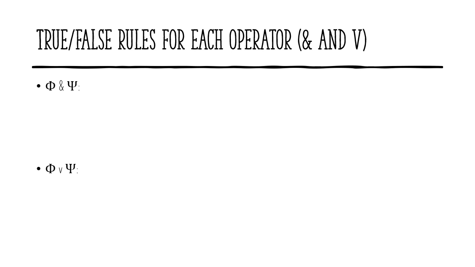I use the Greek letters phi and psi. If you're not familiar, this one is phi, this one is psi. When we're giving these definitions, we're giving just an abstract explanation for what makes the operator true or false. Really what we're focusing on is this thing right here.